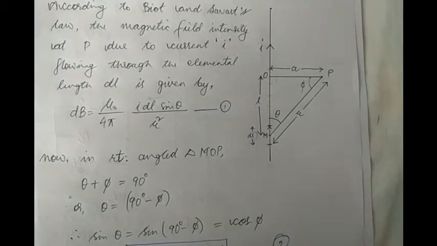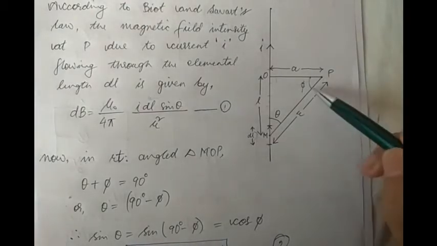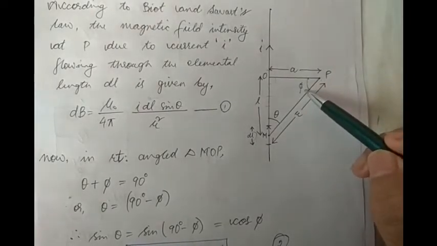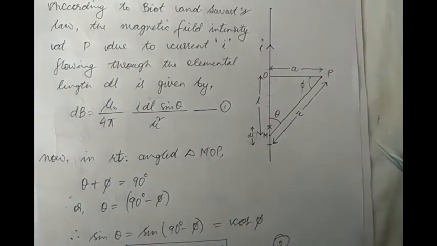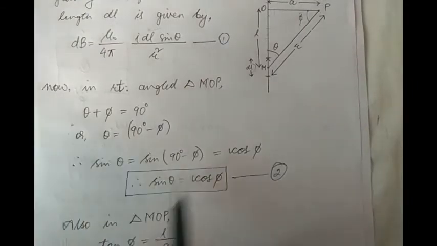The variable that we want to deal with is phi. You will see that all of these different variables can be expressed in terms of one variable, phi. So from here, we saw that sine theta can be written as cos phi.